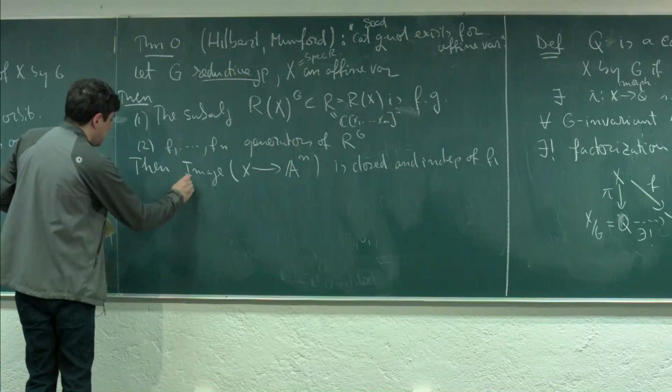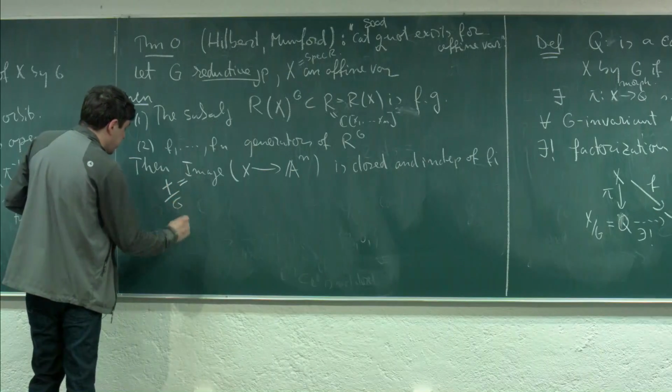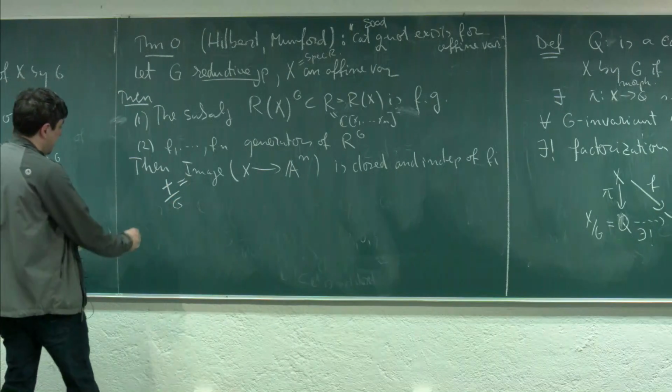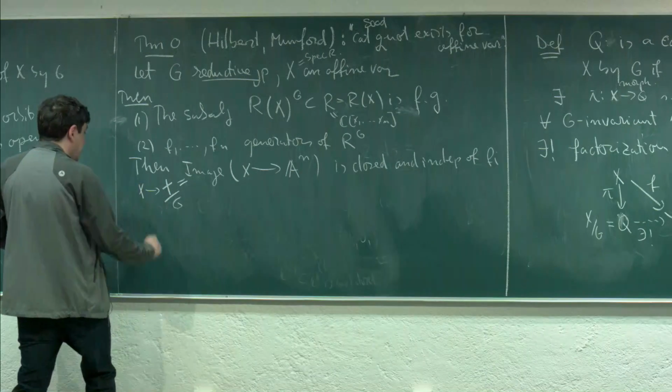So this image would actually be my quotient, and of course I'm getting a map from X into X mod G.